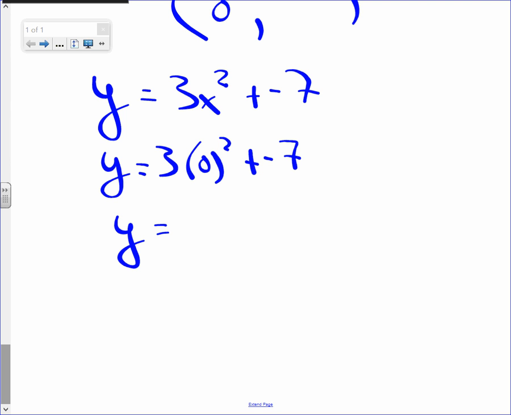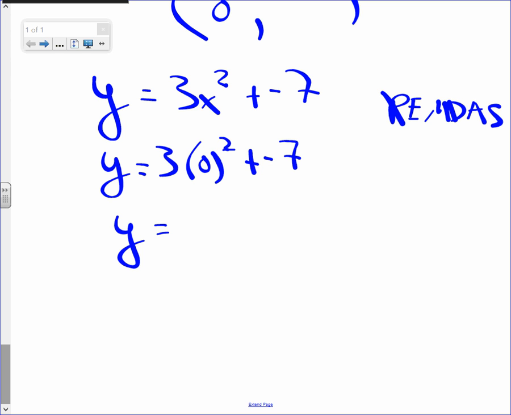Last step. Here we go. y is... Should I multiply the 3 times 0 or do the exponent first? The parentheses don't mean anything here because there's only one number in the parentheses, so all that means is multiplication, 3 times 0. But I do the exponents first. Think of PEMDAS, Please Excuse My Dear Aunt Sally.